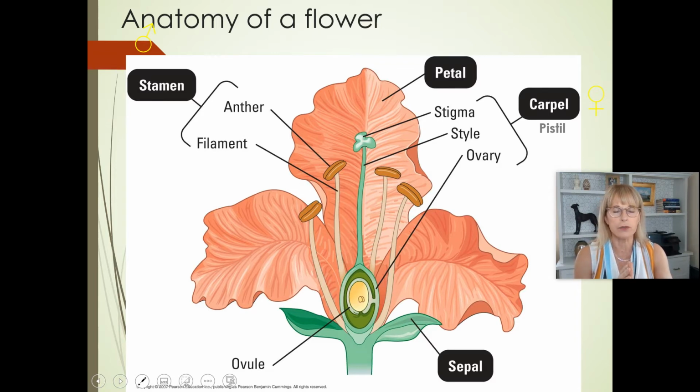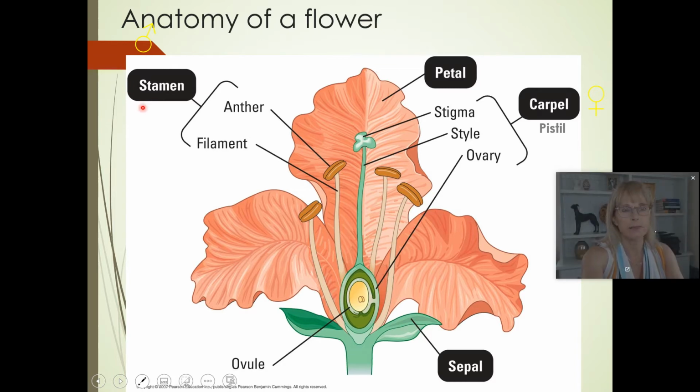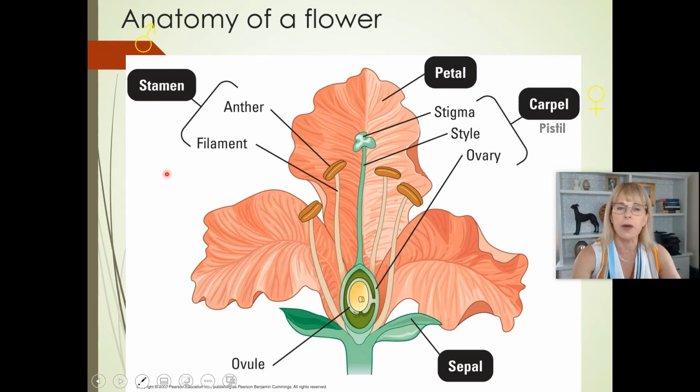The male parts of the flower are the stamen. Okay, and the stamen is divided up into the anther. I know it sounds like I'm saying "answer," but the anther, and the anther contains the structures that are making pollen, which is going to contain the male gametophyte.